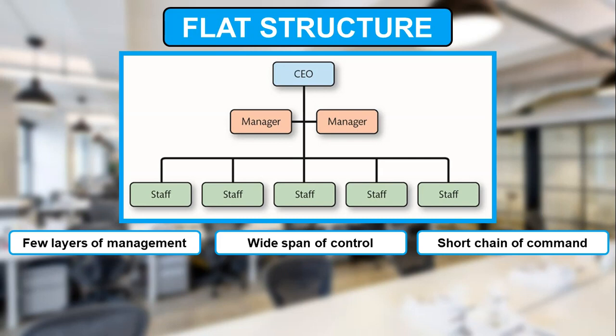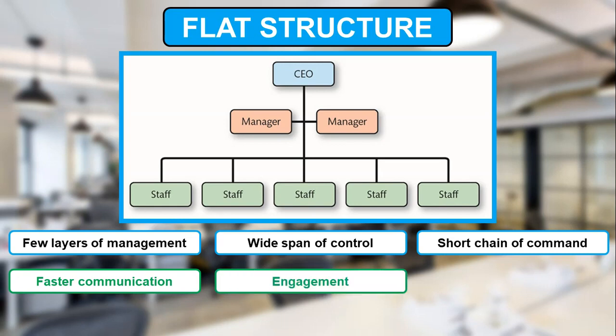Some pros of this approach are faster communication. There are fewer levels to communicate to, and often no need to follow lengthy approval processes to respect the hierarchy. This means that communication from the top to the bottom of the organisation can be much faster. Engagement is also another positive of a flat structure.